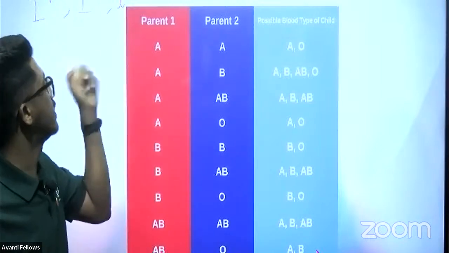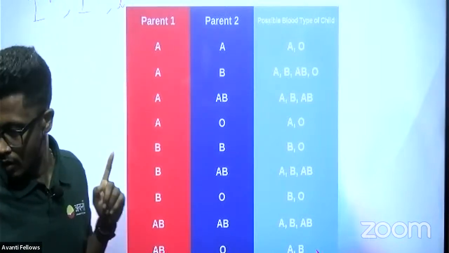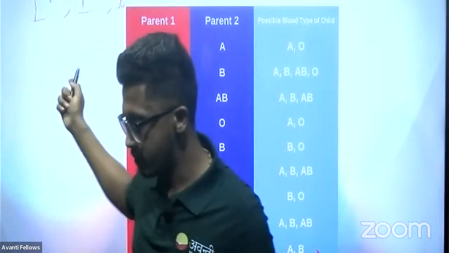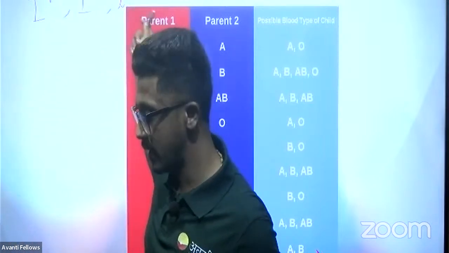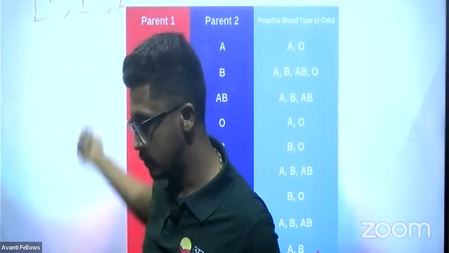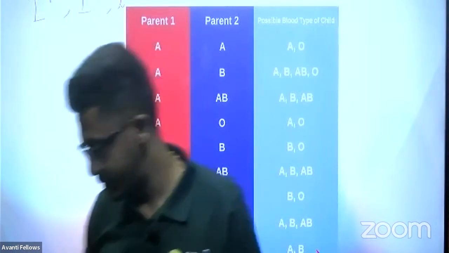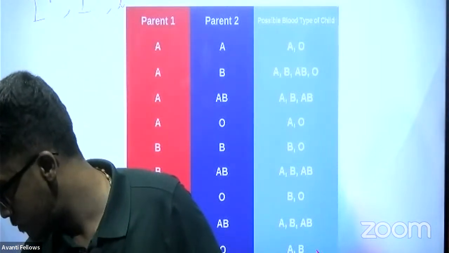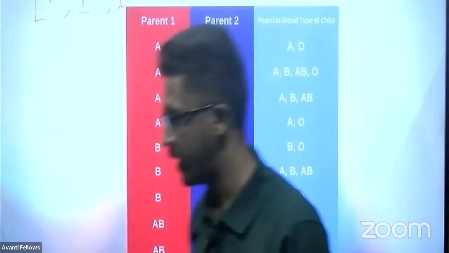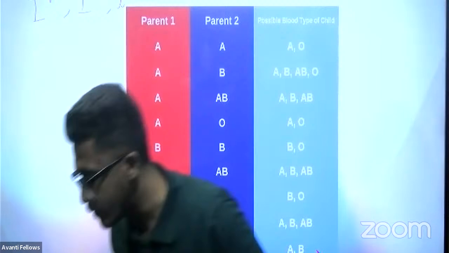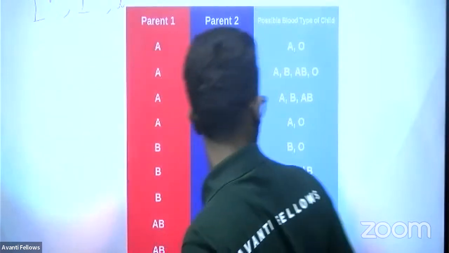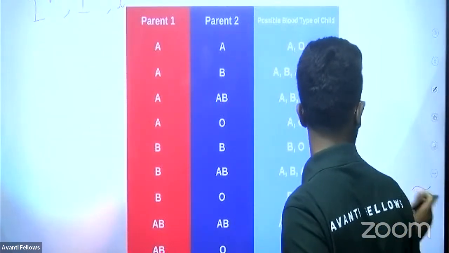I hope you can see the ink here. Yes or no? Can you confirm? Can you see the ink? Can you see IA, IB and small i? Can I write here? Make it faster. Can you confirm, anybody? Yes, okay, thank you. Somebody says no. Okay, hold on.